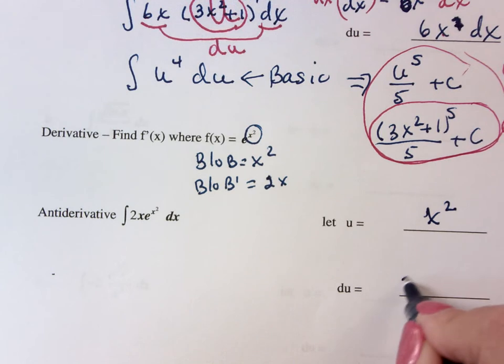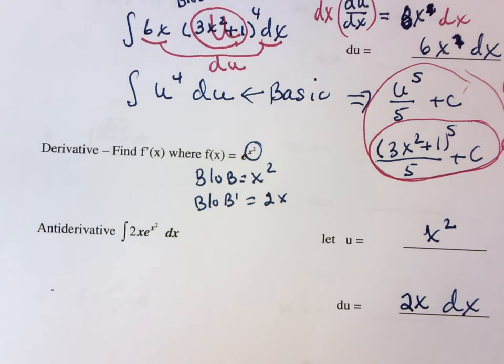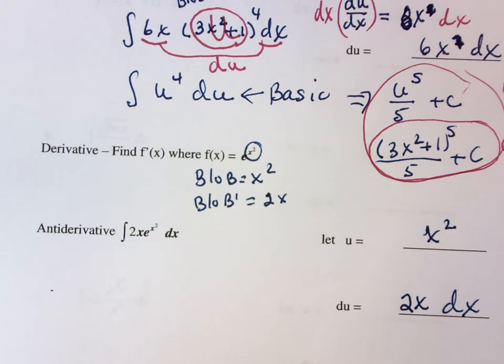Du, and you write it this way, is 2x dx, and we know how that happened. That happened from above. Du dx is equal to the derivative. Then you multiply both sides by dx, because you have to get rid of the dx as well, because why? That is your variable of integration. When you move to u as your variable of integration, dx must turn into du.